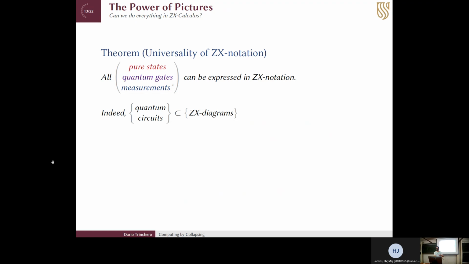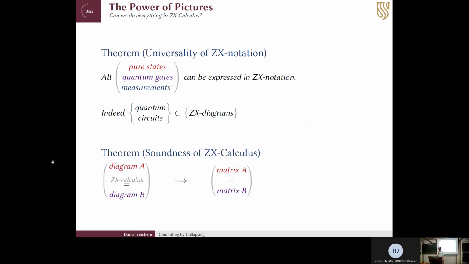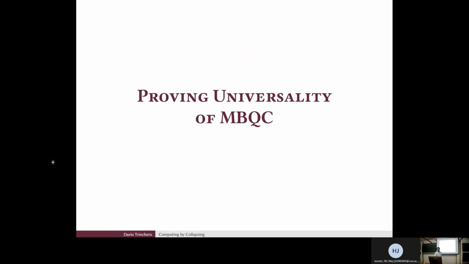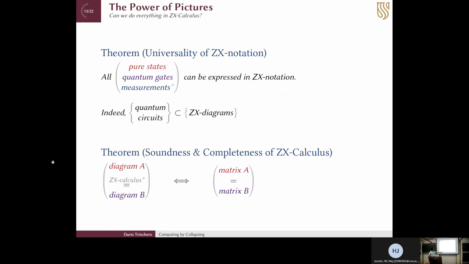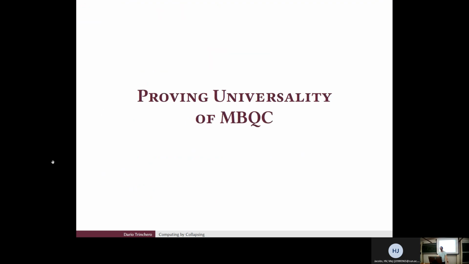So not every ZX diagram is a circuit, but every circuit is a ZX diagram. Also, every manipulation that we do with the diagrams corresponds to a valid manipulation on their respective matrices. That's called soundness. Likewise, every manipulation that we do on the level of matrices corresponds to a valid manipulation on the level of diagrams. That's called completeness. So it's very powerful. It's just as powerful as circuits and more.